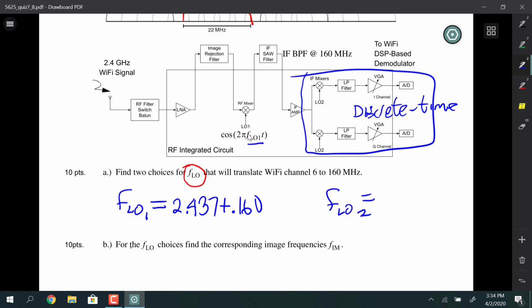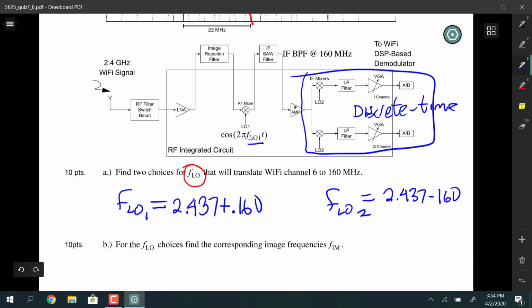John put his answer up in his own private channel, so I don't see what else he wrote. 2.437 plus and minus... Okay, well then you'd get a negative frequency, so I'd rather write it as 2.437 plus and minus 160, right?